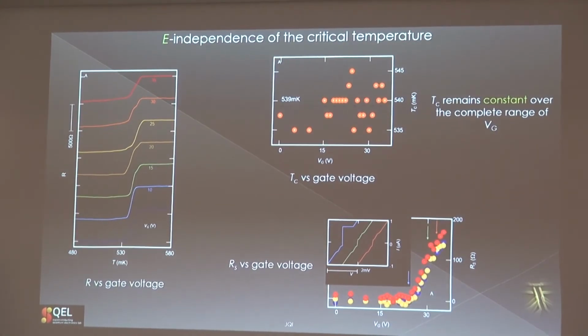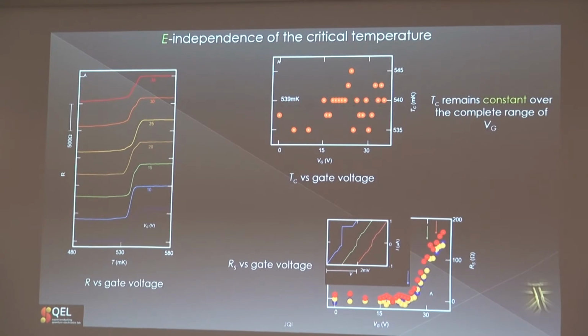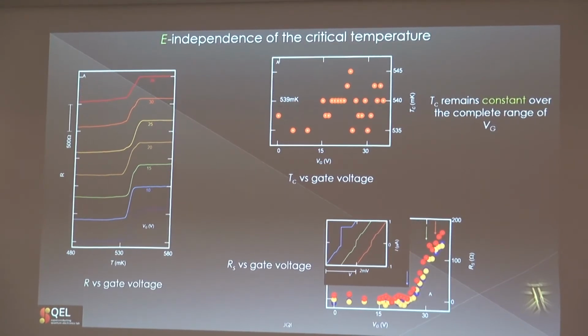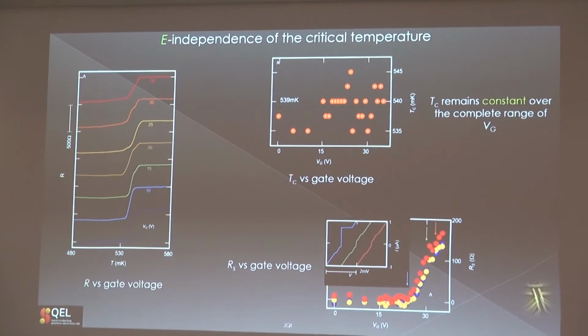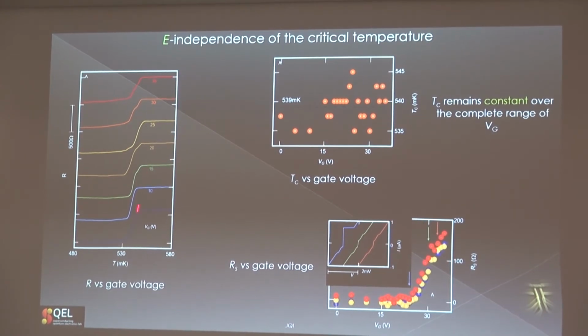This point, again, goes back to the question of whether it could be some heat injected in an ordinary way. I would say that the experiment seems to say that it's not a trivial heat injection. And here we show indeed the critical temperature of these wires measured under biasing conditions.